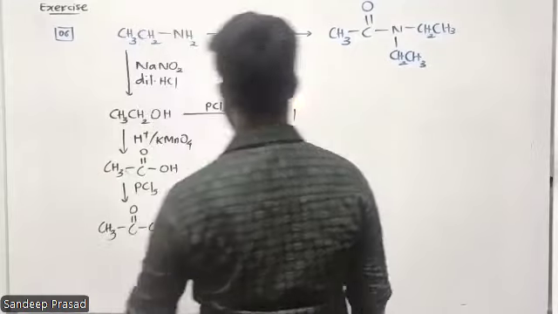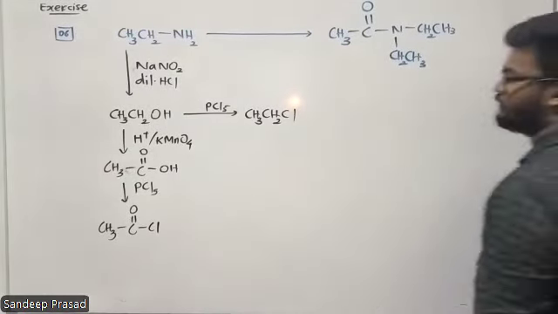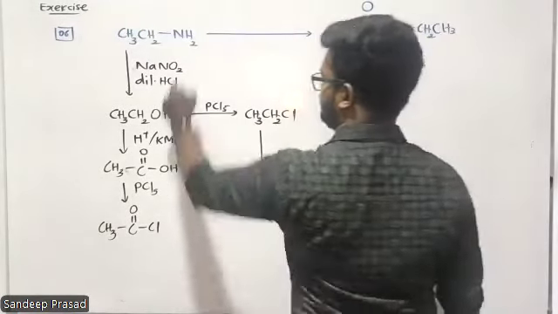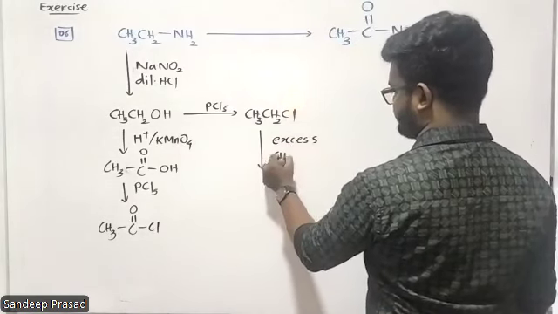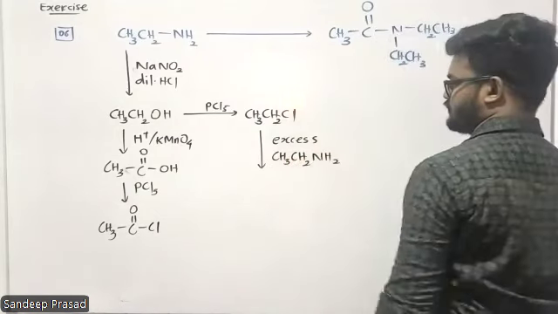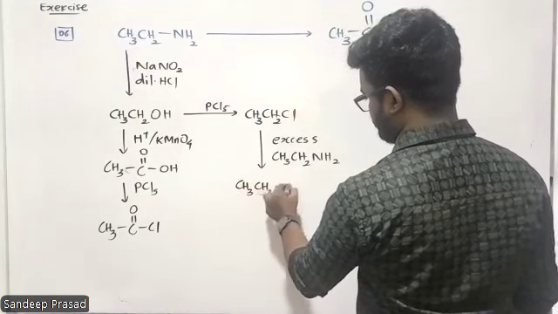CH3C double bond. For this, I'm going to add excess of this compound again, the initial one, CH3CH2NH2. And then we can see that CH3CH2.